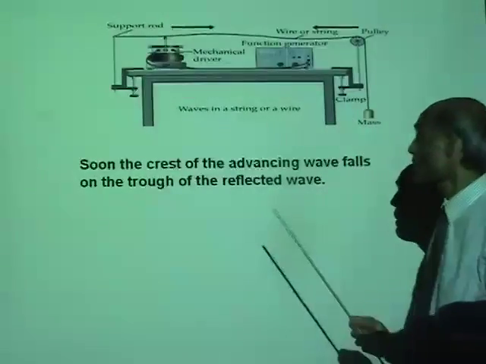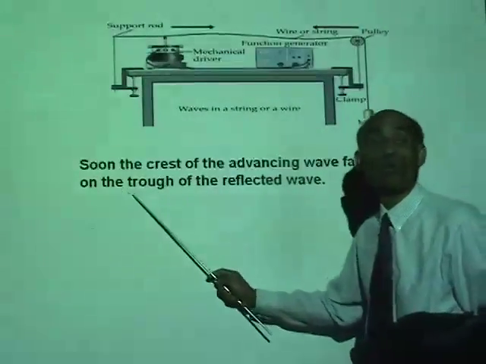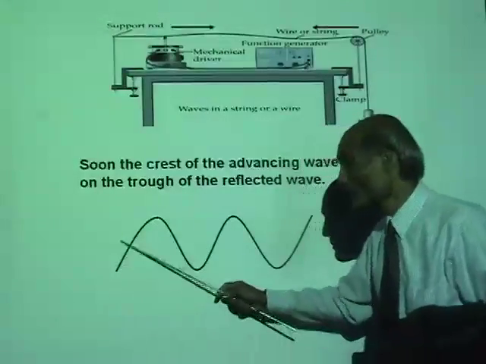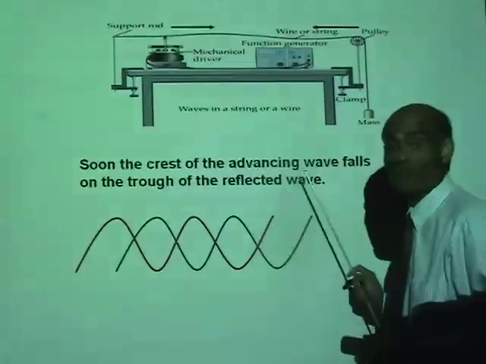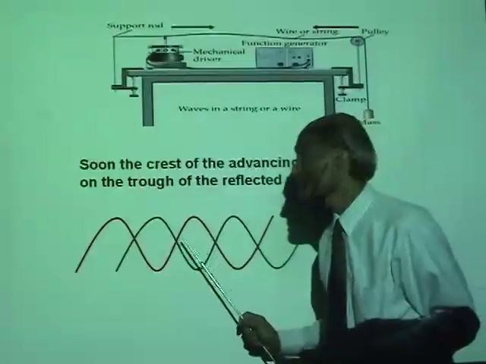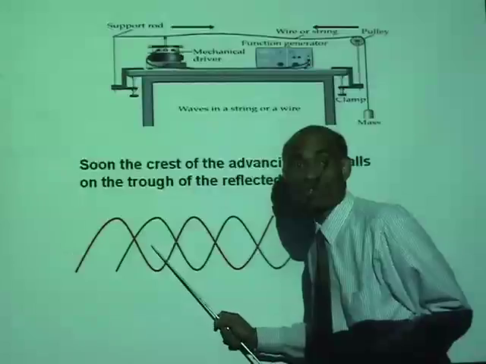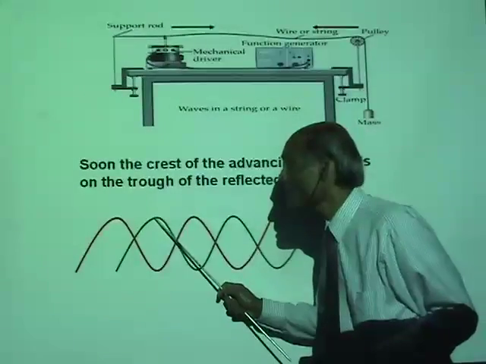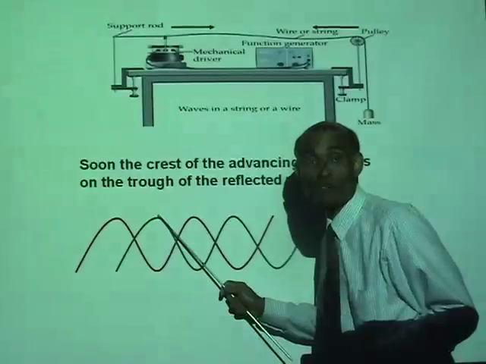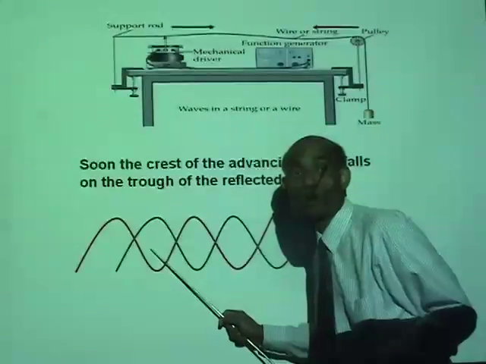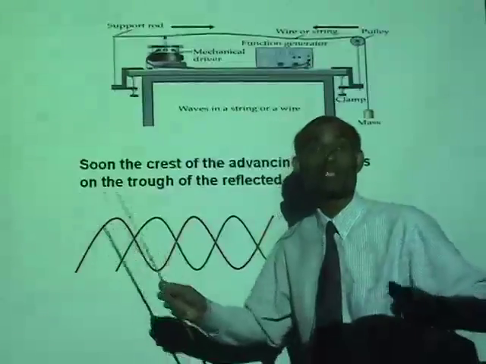Soon the crest of the advancing wave will fall on the trough of the reflected wave. The green wave is the advancing wave, the red wave is the reflected wave. Now look what happens. Now particles, particularly here where the crest of the green wave and the trough of the red wave fall, that particle will have no displacement.